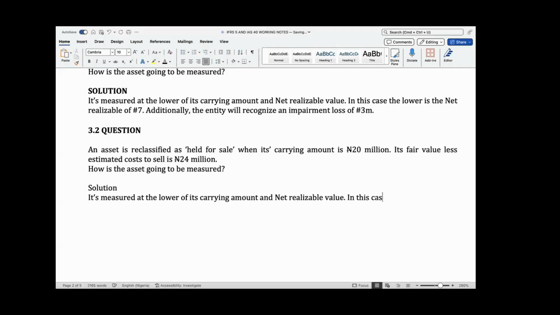In this case, the lower is the carrying amount, the book value, of 20 million. And that's it. This one doesn't need any impairment loss because that's lower.